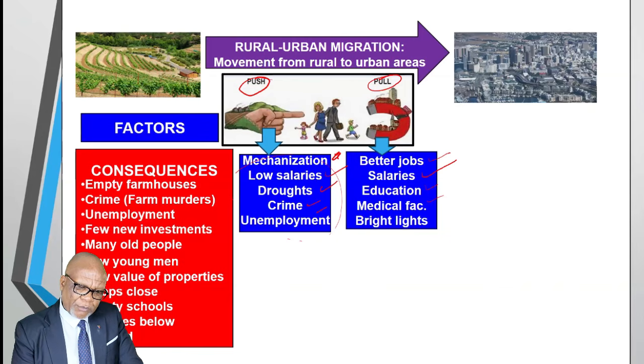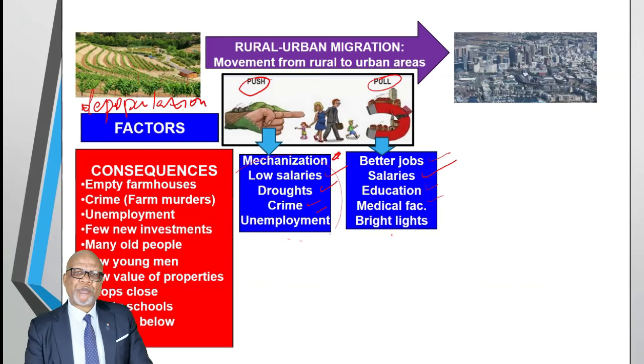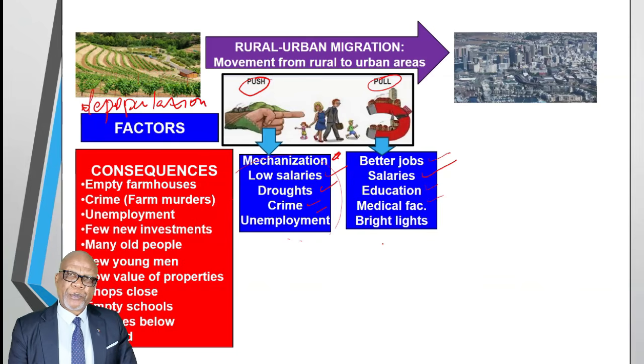So the first thing, before we even look at empty farmhouses, we are going to have what we call depopulation. Number one, we're going to have the population, which means now the number of people that live there is going to decrease. So that will become social.